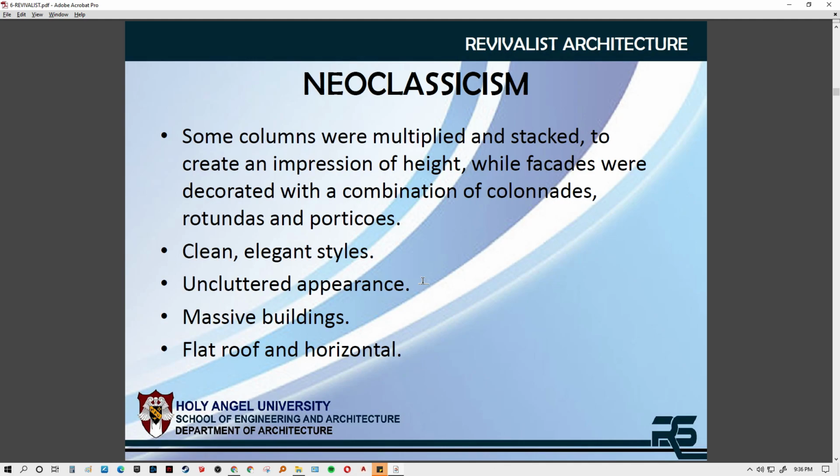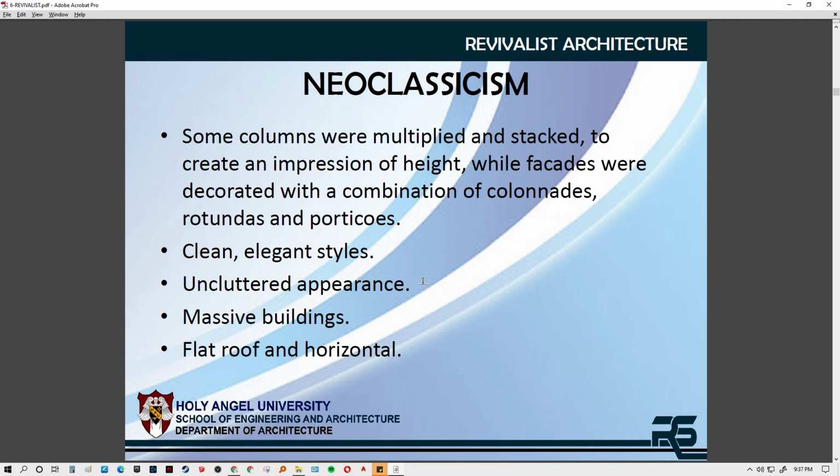It has the basic parts of the previous temples: porticos, rotundas, and colonnades, of course. Since the temple style especially is surrounded with columns, you will be expecting a lot of arcades.